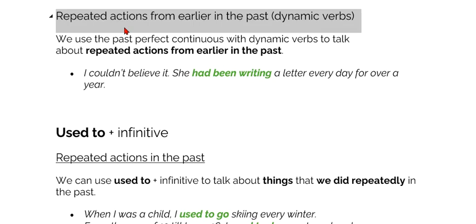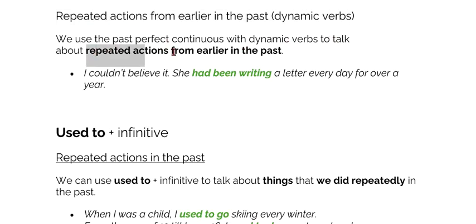So we use the past perfect continuous with dynamic verbs to talk about repeated actions earlier in the past. For example, I couldn't believe it. She had been writing a letter every day for over a year. So she had been writing a letter, a repeated past action, for over a year.